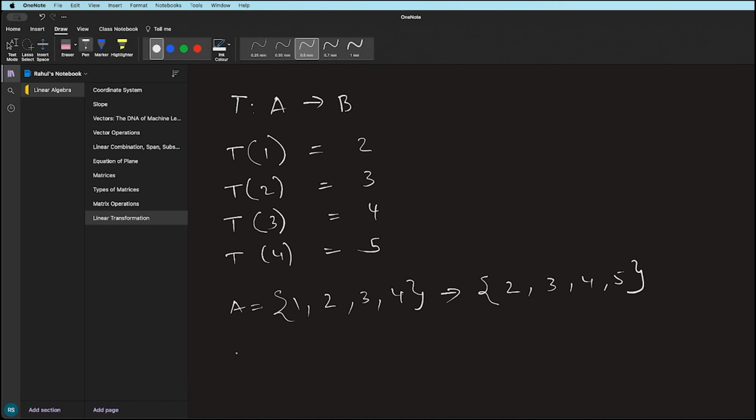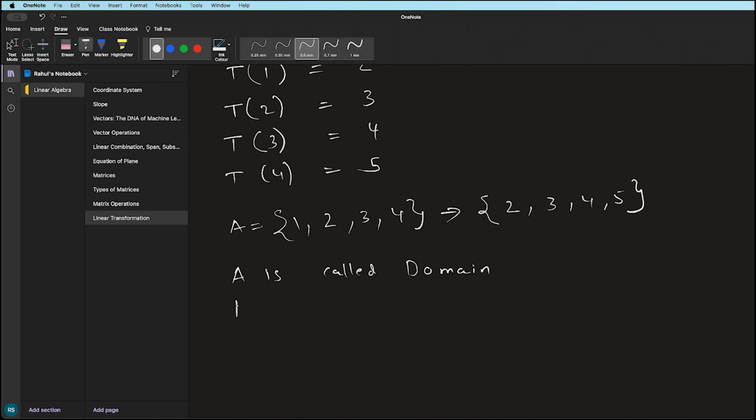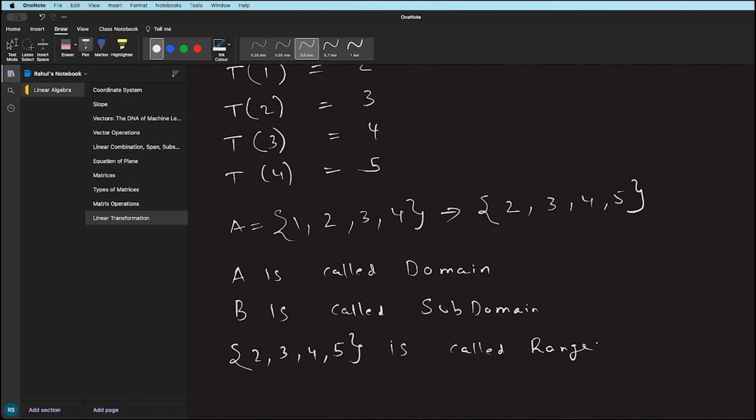So in this case A is called the domain, then B is called the subdomain, and this set of numbers that the transformation produced by giving these input values, 2, 3, 4, 5, is called the range.